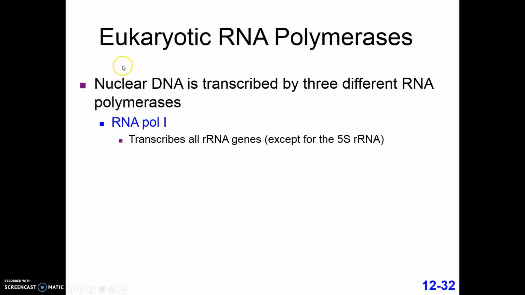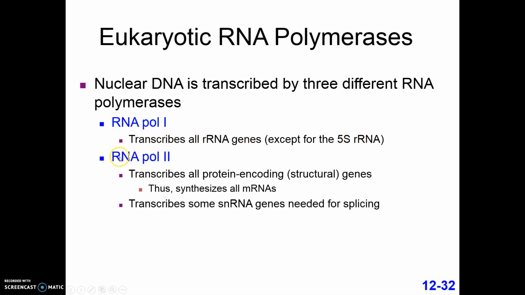First of all, eukaryotes have multiple polymerases. There are 3 that we are interested in here. RNA polymerase 1 is responsible for transcribing most of the ribosomal genes, with one exception.